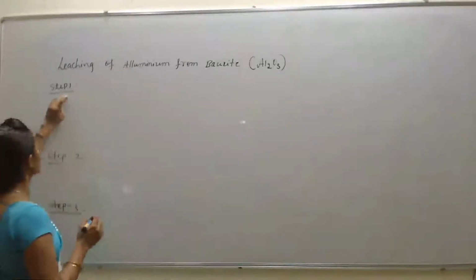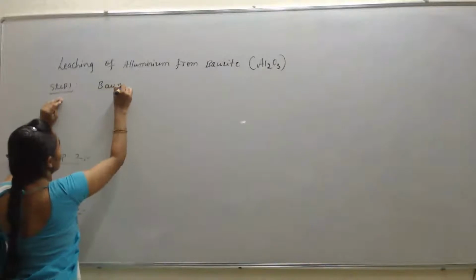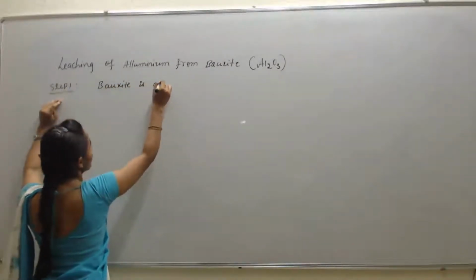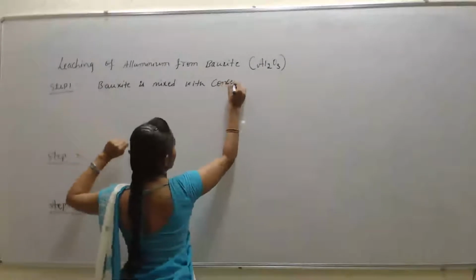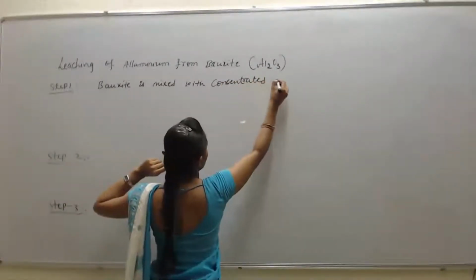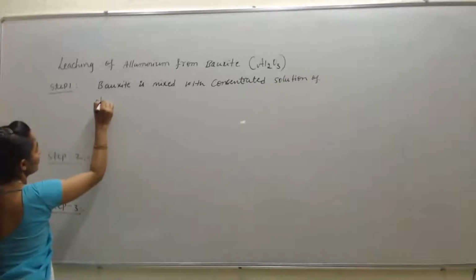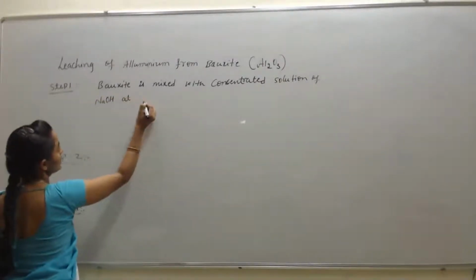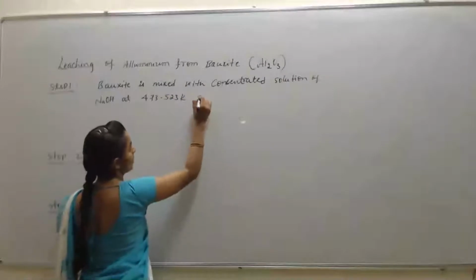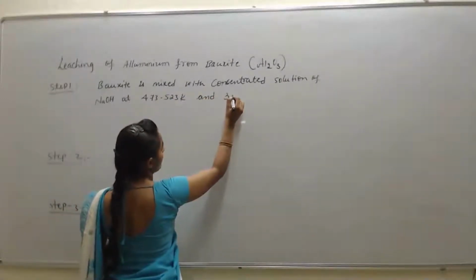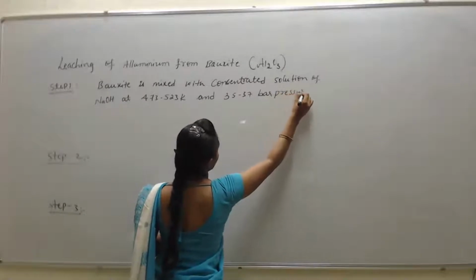So here, the bauxite is mixed with a concentrated solution of NaOH at 473 to 523 Kelvin temperature and 35 to 37 bar pressure.